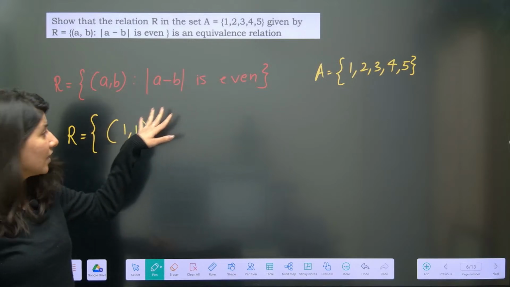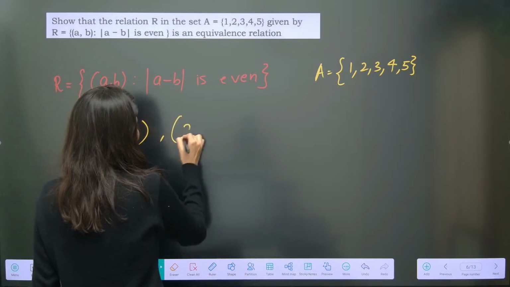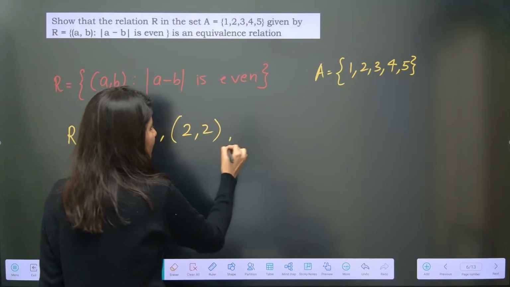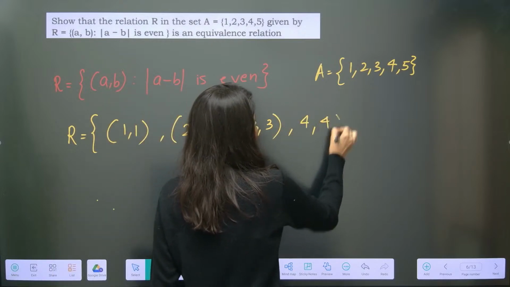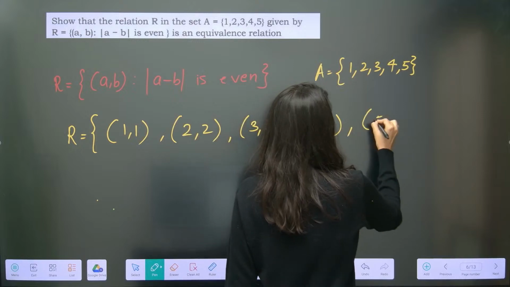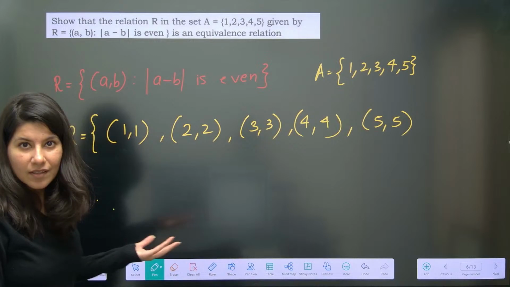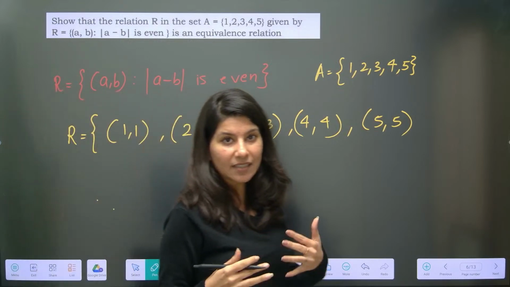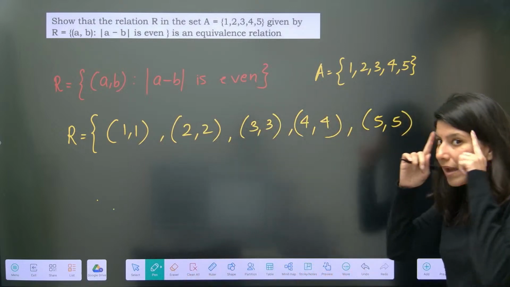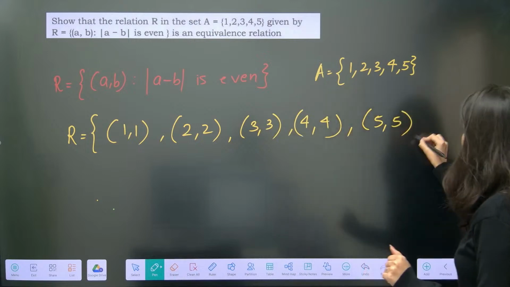So (1, 1) will satisfy. (2, 2), (3, 3), (4, 4) and (5, 5) will also satisfy. That means clearly my relation is a reflexive relation. Definitely it is reflexive.